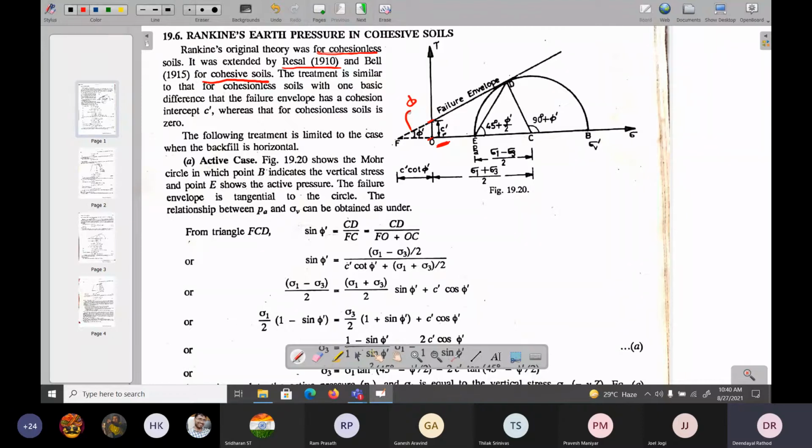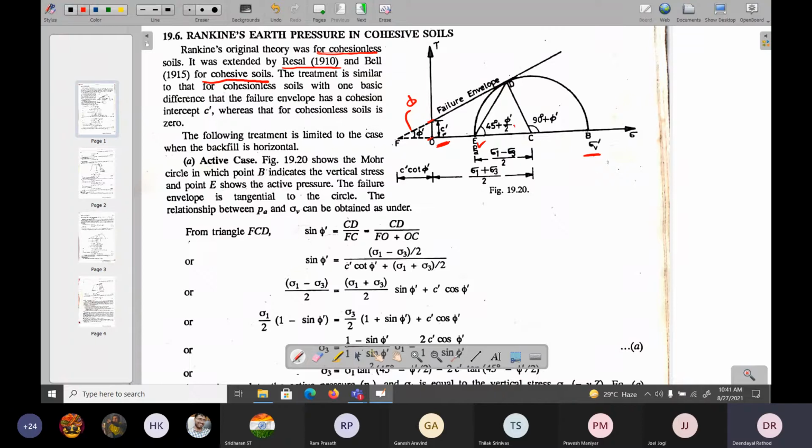Rankine earth pressure theory. Let us consider an active case, where this is the vertical stress and this Pa is the active stress. Already we have seen it. This Pa is the active state, and this is 45 plus phi by 2, which touches the envelope. The only difference is that this c intercept, cohesion, would be there, in the c-phi soil, where cohesion is also present.